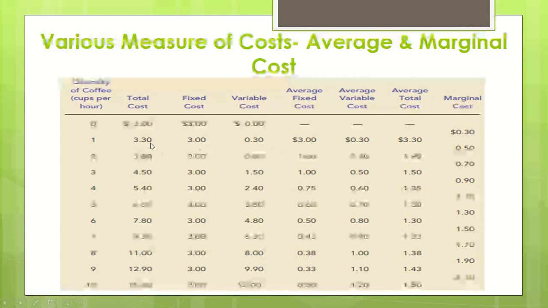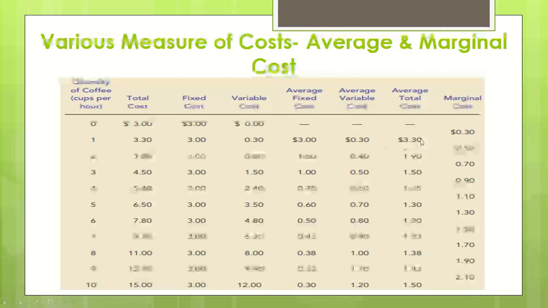So at this point the average fixed cost is $3, and the average variable cost here is 0.30. The average total cost again comes by adding both the average fixed cost and average variable cost, and the answer is $3.30.